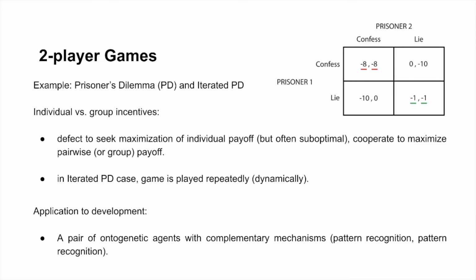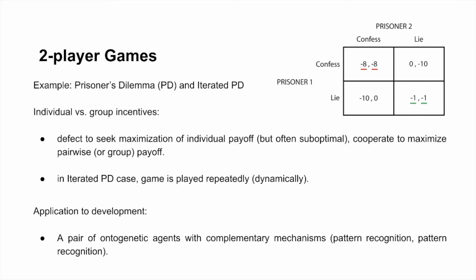Then we go to something else in two-player games, another type of two-player game called the Prisoner's Dilemma, or the Iterated Prisoner's Dilemma. So this gives you individual versus group incentives. So again, we talked about cooperation early on in the talk. This is where you can actually model cooperation, and you can look at developmental games in terms of individual versus group incentives.